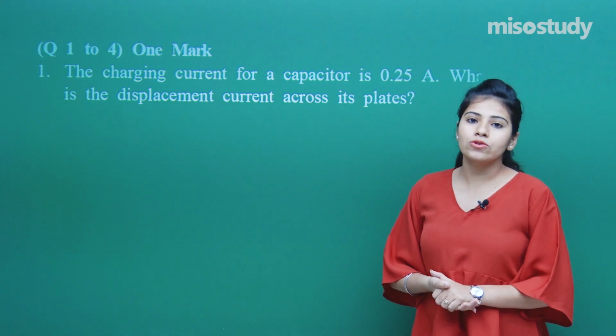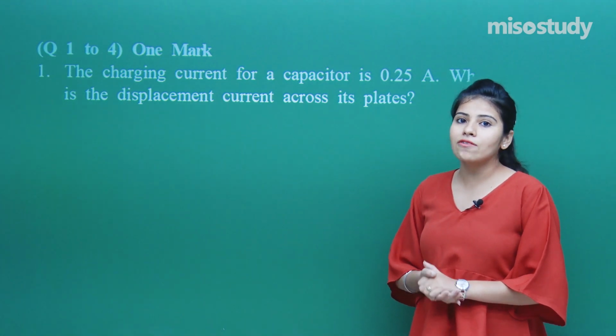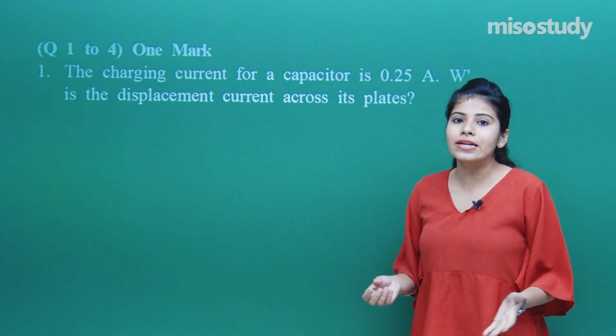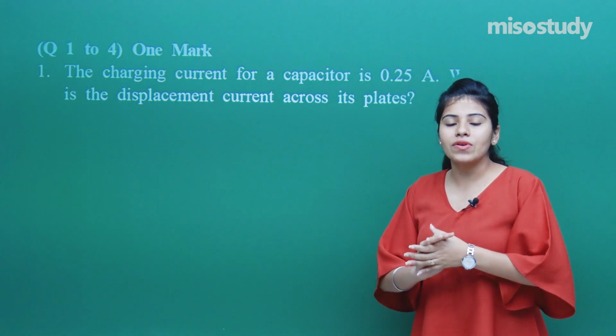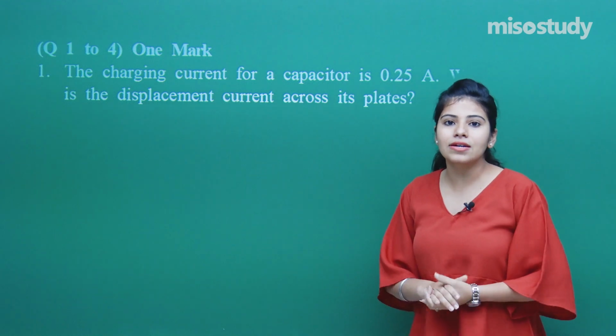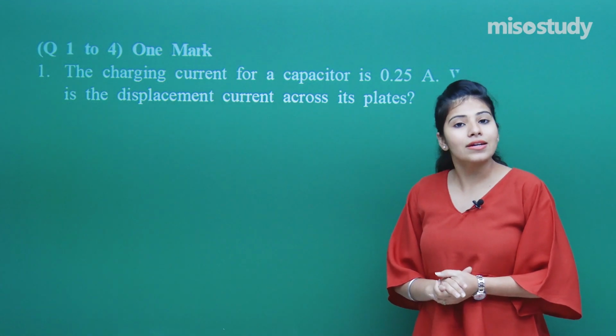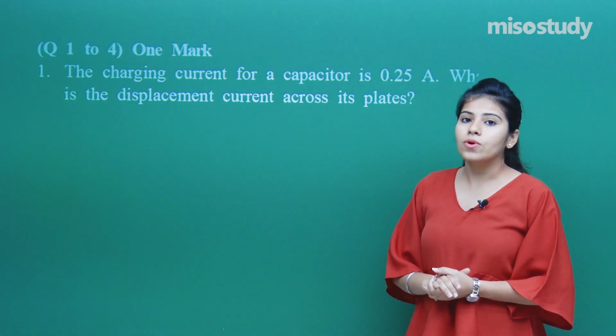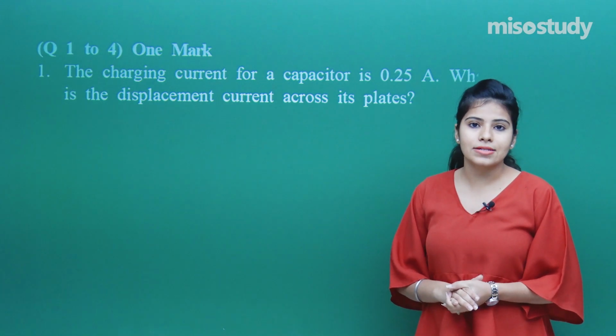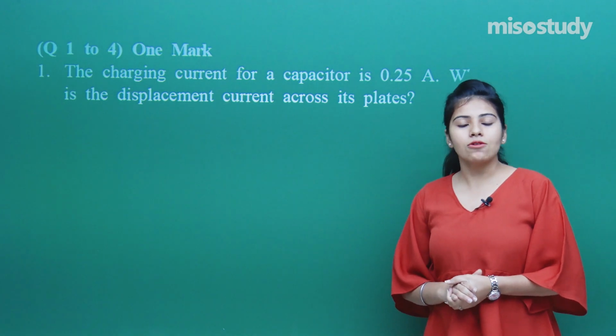I want you all to tell me the answer, because I have already taught you very clearly that if we have a capacitor as a circuit element, then the conduction current is equal to the displacement current, that is IC is equal to ID.